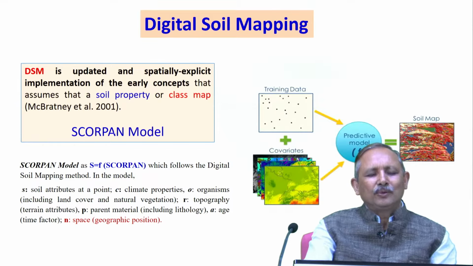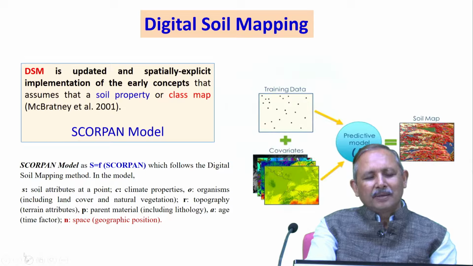Here we are using the soil forming factors given by Jenny as a soil mapping concept, but we are using the SCORPAN model, defined by McBratney, as a model for digital soil mapping.